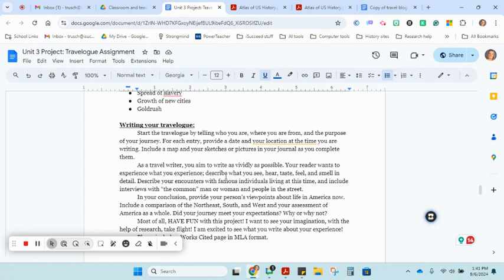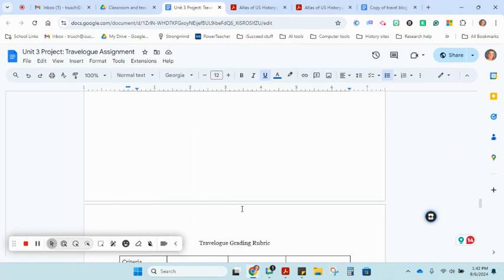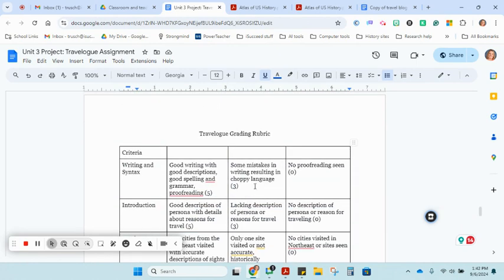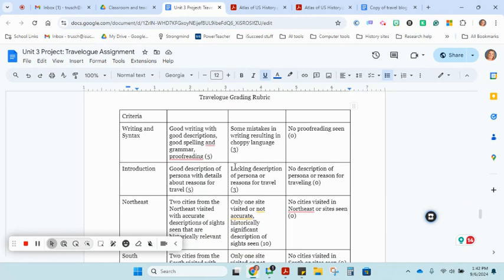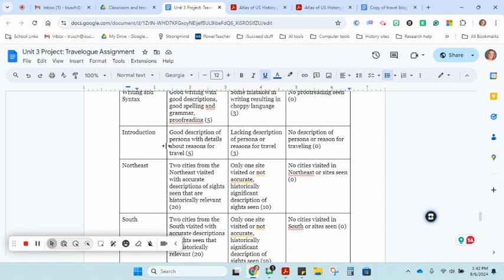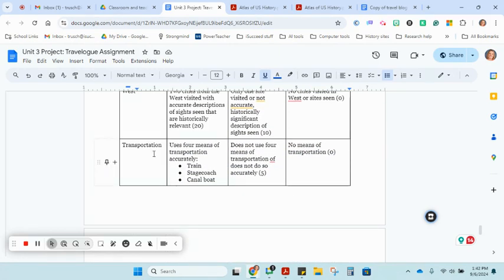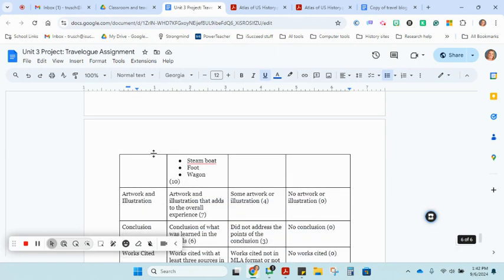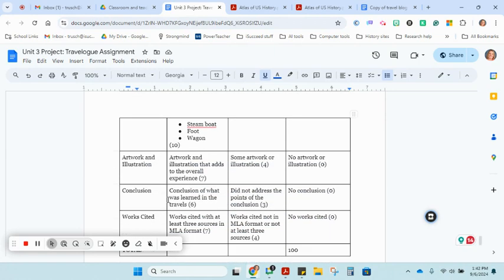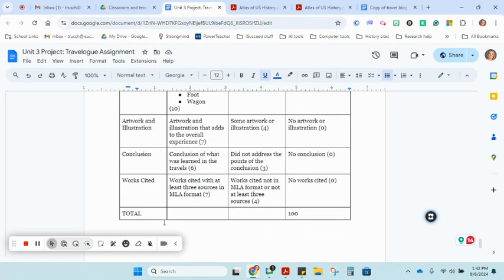Make sure that you have fun in this project, okay? It's mostly supposed to be fun, okay? And make sure that you have works cited at the bottom. So you will be graded on your writing, your introduction, the Northeast, the South, the West, transportation using 4 methods, your artwork, your conclusion, and your works cited.